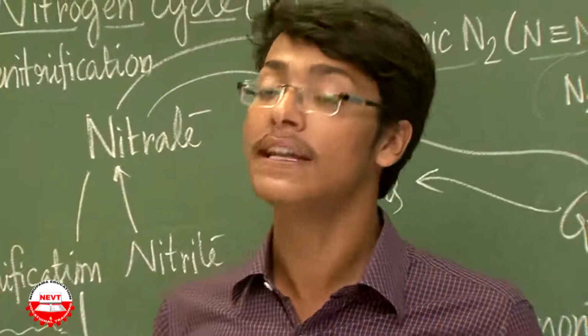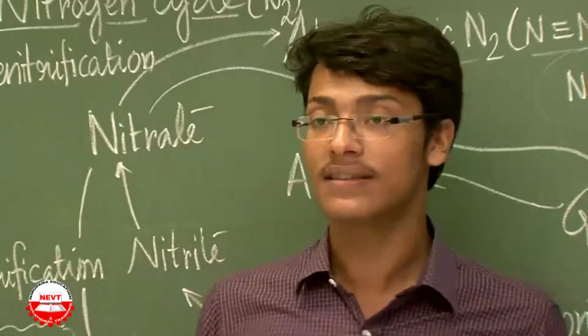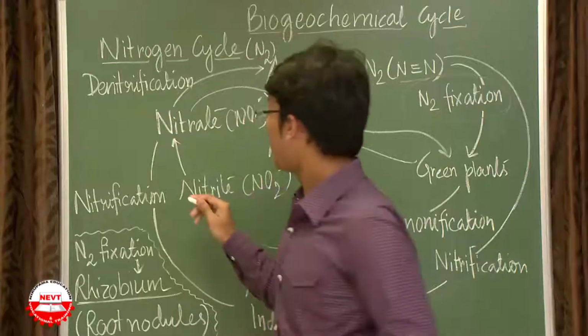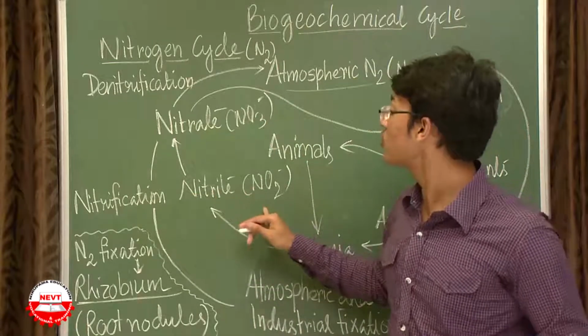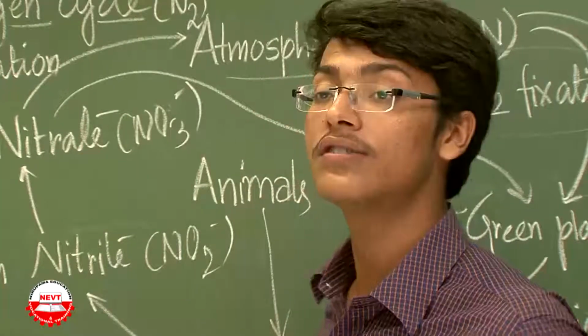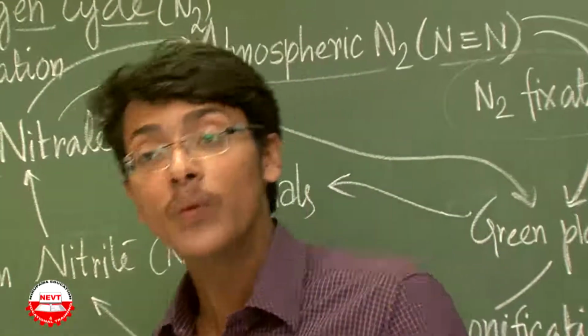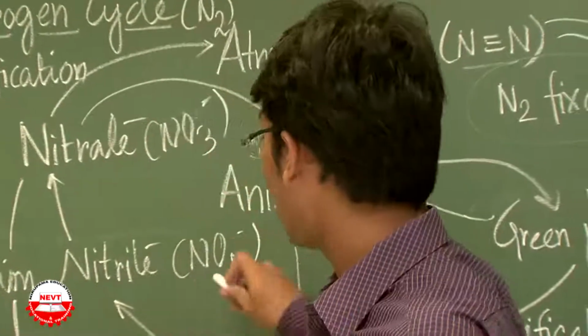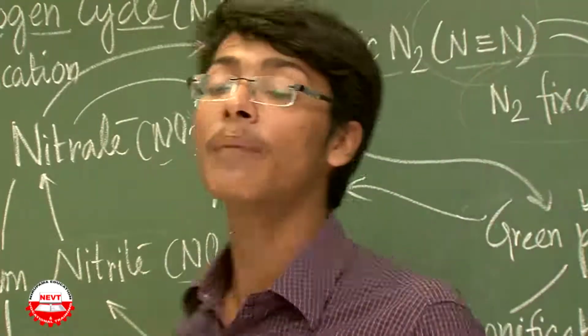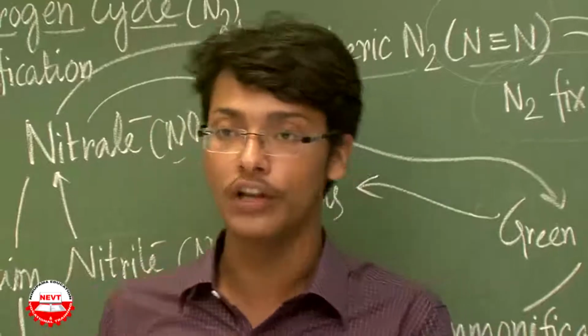Usable forms are nitrite and nitrate. Nitrite means nitrogen bonded to 2 oxygen, whereas nitrate is nitrogen bonded to 3 oxygen. So we can assimilate nitrite or nitrate, but we cannot assimilate this triply bonded nitrogen molecule.